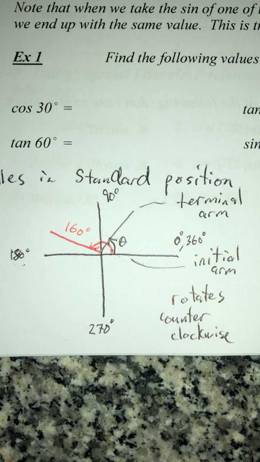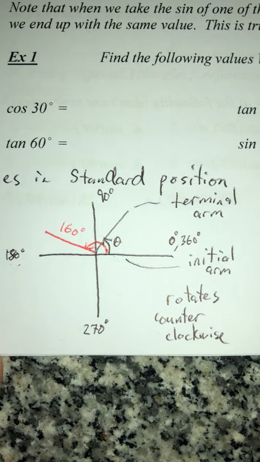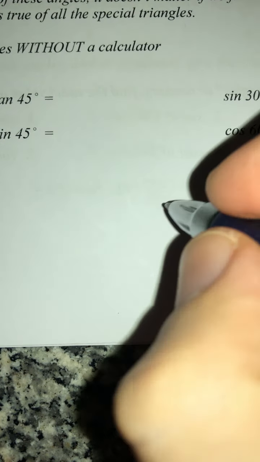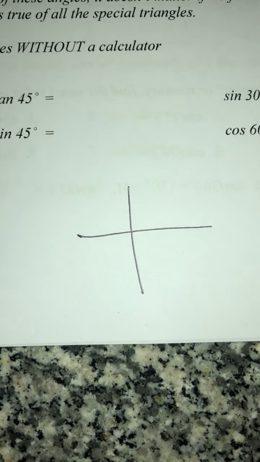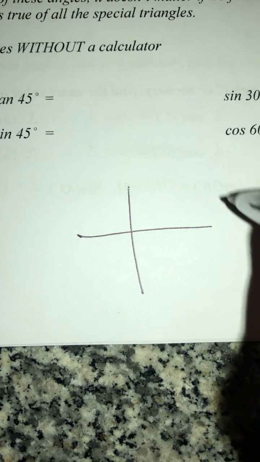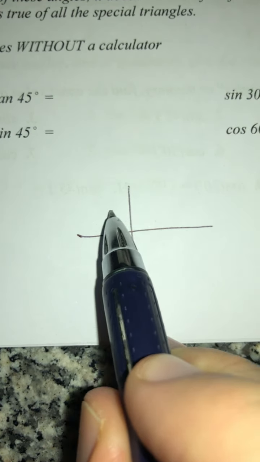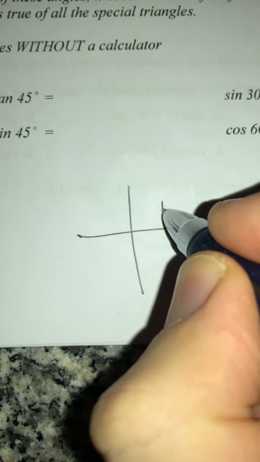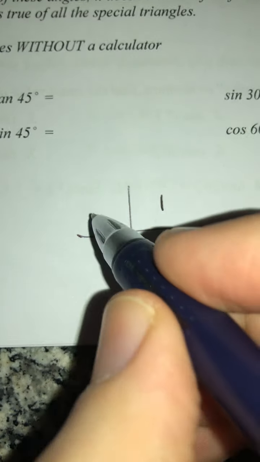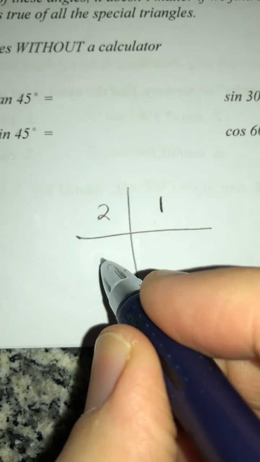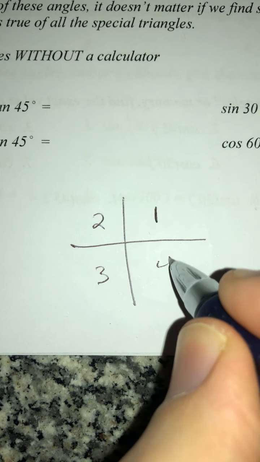The other thing I needed to show you with this is the quadrant. So if I drew those same quadrants out, what you need to remember is, since I'm starting from the initial position here and rotating around like this, the first quadrant we start in is 1, and then it rotates to 2, and then 3, and then 4.